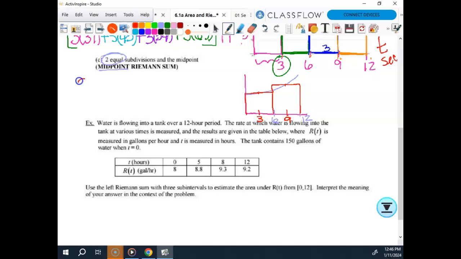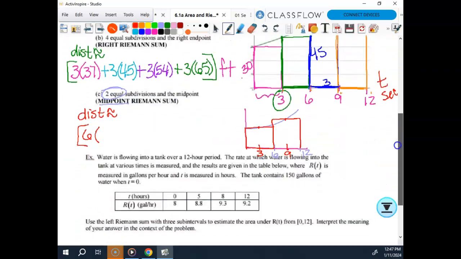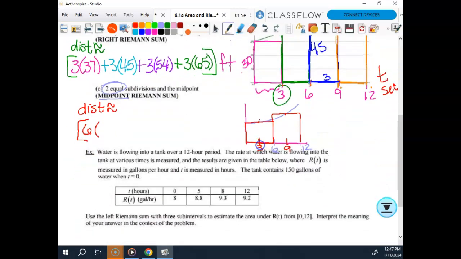Okay, so our distance then is approximately, what is the length of the base for the first rectangle? 6 times, what is the height? 37, yes, because when x is 3, what is y?